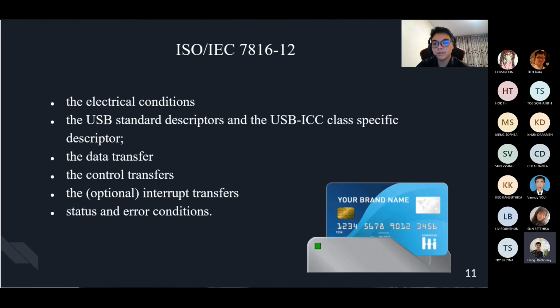The data is transferred between the host and the USB ICC using bulk transfer or control transfer. The control transfer allows two different protocols, named version A and version B, to transfer to each other. The next one is the optional interrupt transfer to indicate asynchronous events. The last one is status and error conditions.